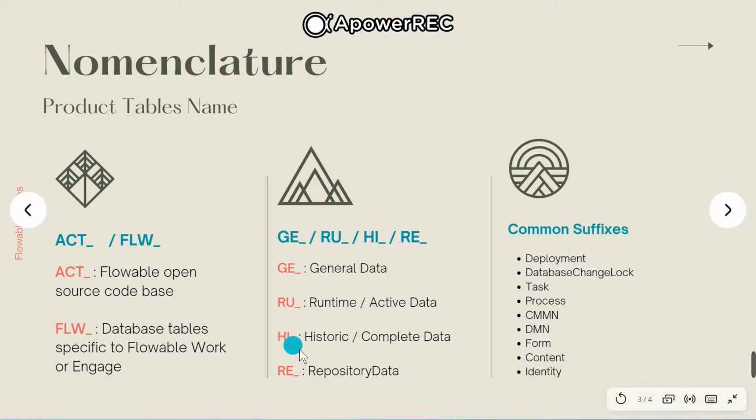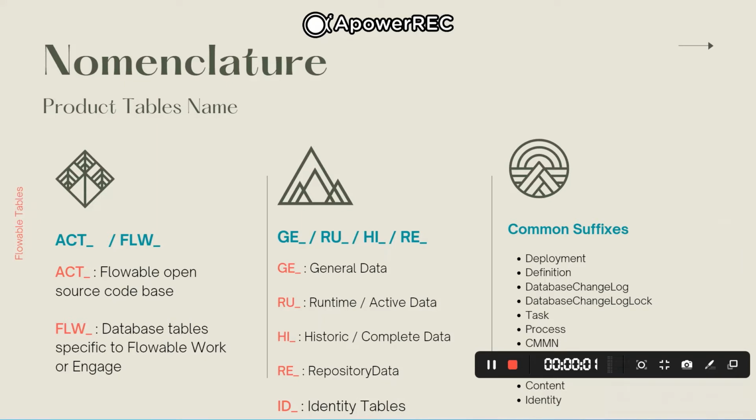The third is HI, which stands for historic. These are the tables that contain the historical or completed data. When data is removed from the runtime tables, the history tables still contain all the information for these finished instances.